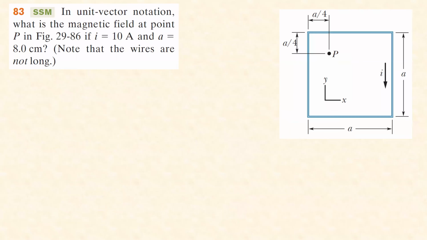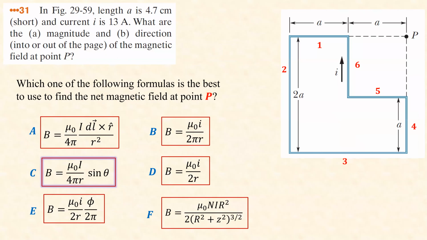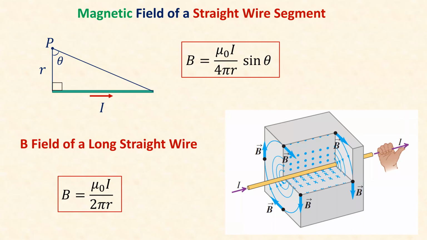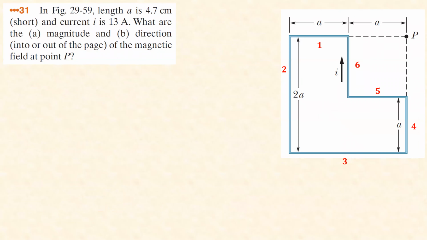And now the question is, how do we calculate the answer? If I want to use that formula, mu naught I over 4 pi r, let me write down the formula here.